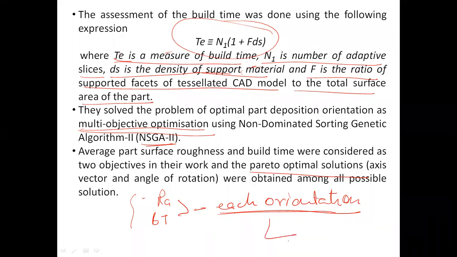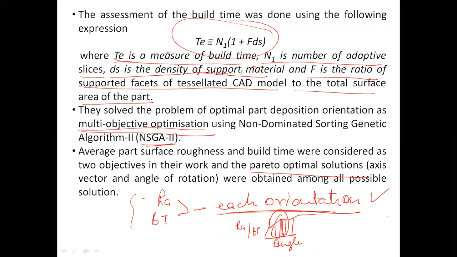So on one axis you had angle, and on the other axis you had Ra and BT, and a graph was plotted. Based on this graph, whichever angle gave the best value within the constraint boundary, you took that value as the optimal solution for the orientation.